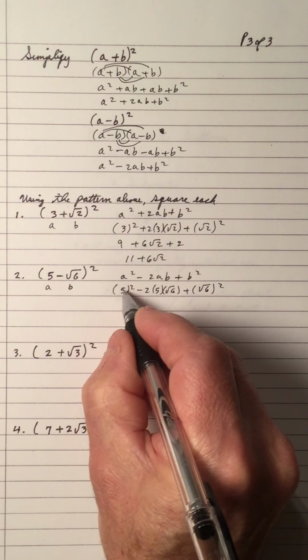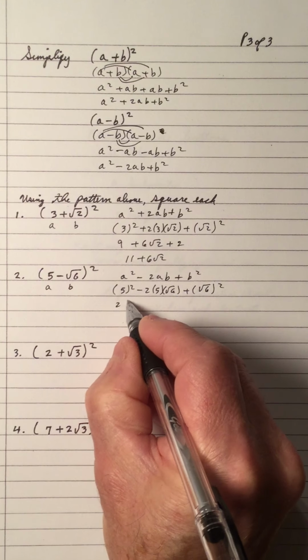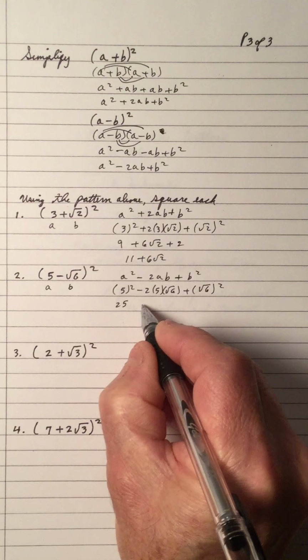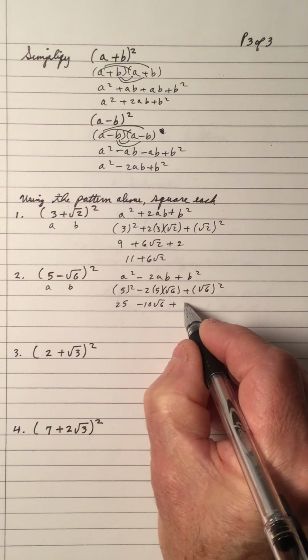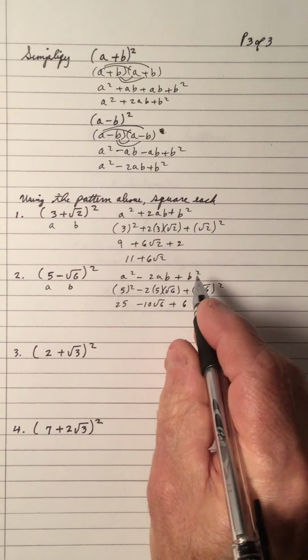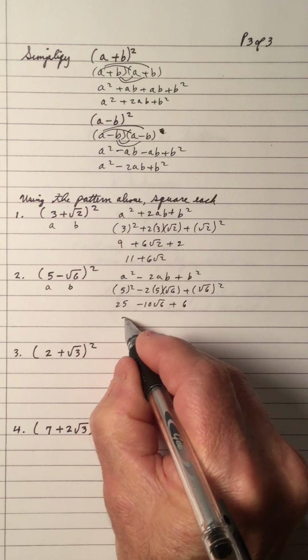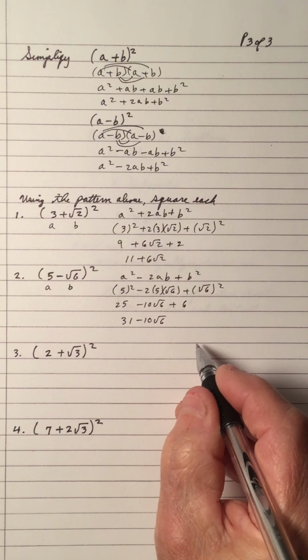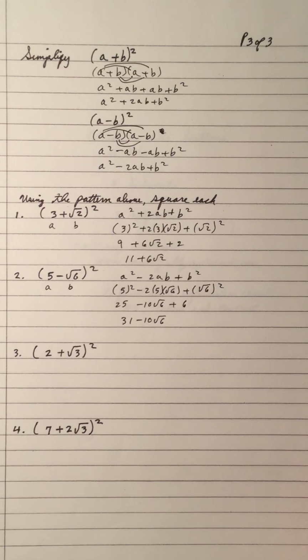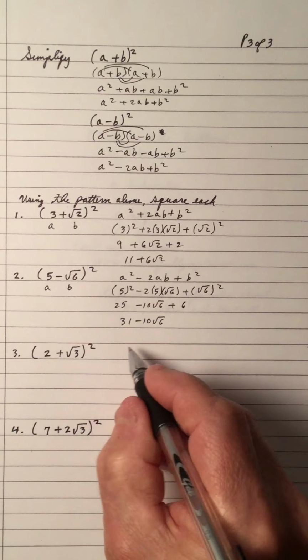So subbed in. So 5 squared is 25. And that's negative 10 root 6. And root 6 squared is 6, because it's the square root of 36. And that's 31 minus 10 root 6. So learning the pattern helps you do math faster.